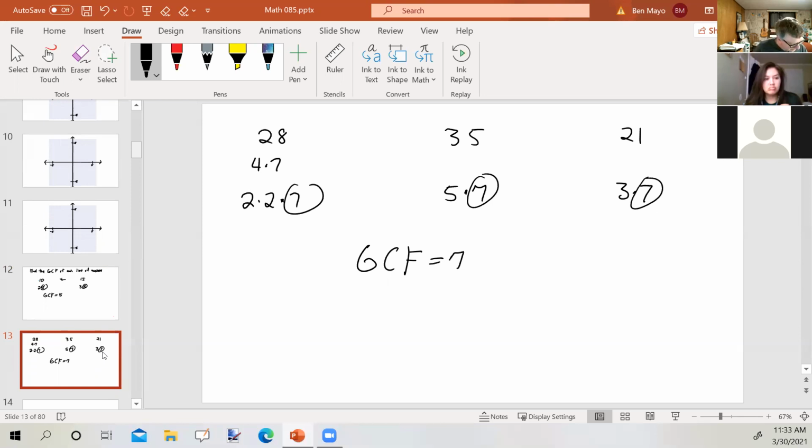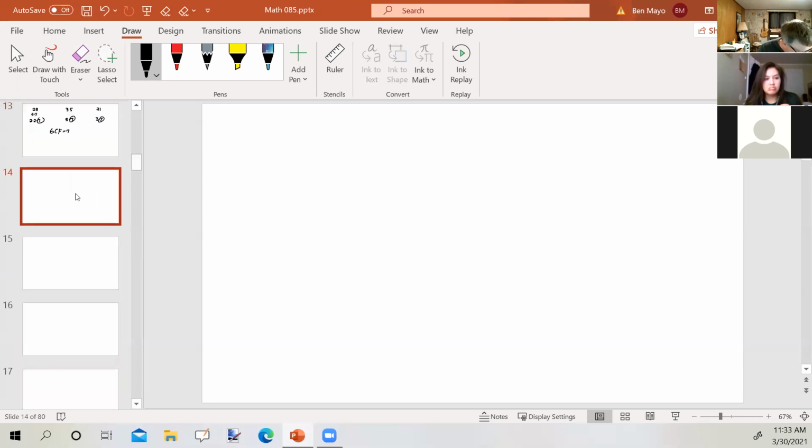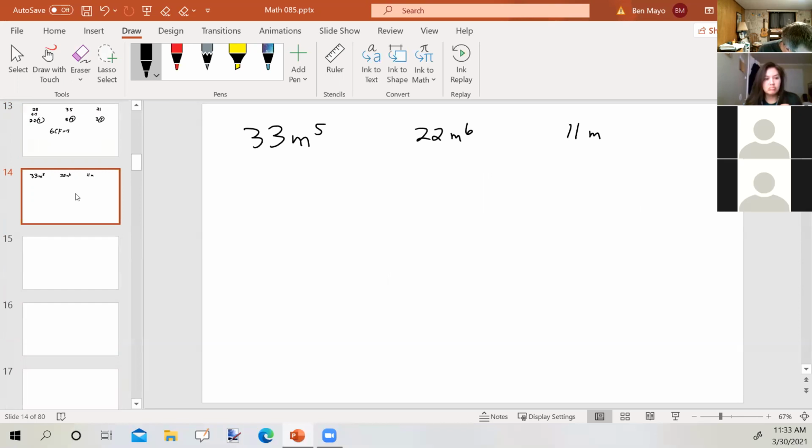All righty. Let's say we've got 33m to the 5th power, 22m to the 6th power, and 11m to the 5th power.